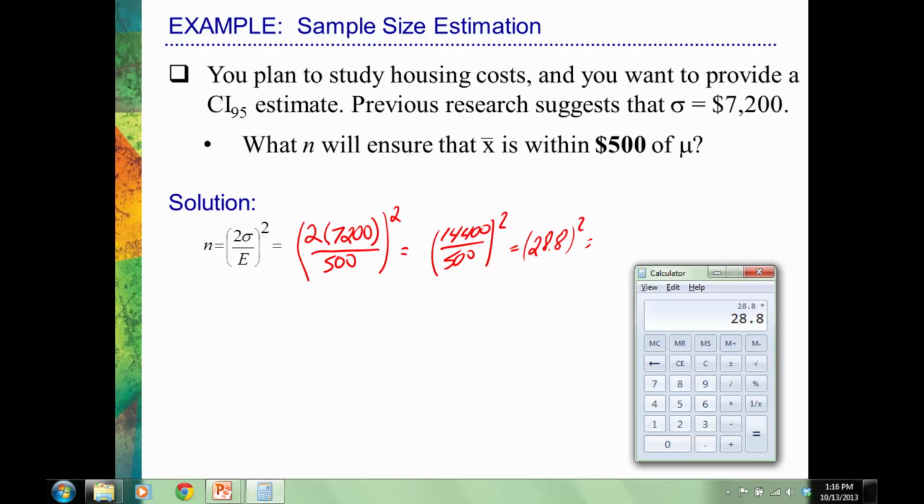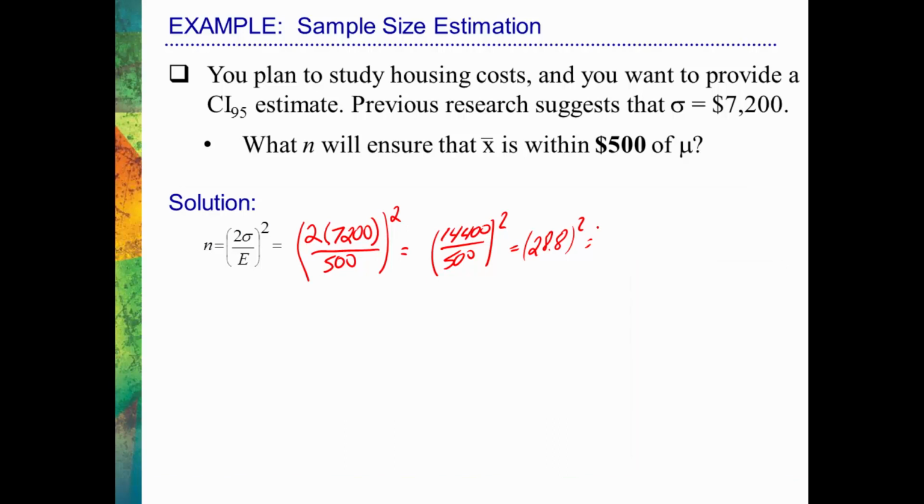28.8 times 28.8 equals 829.44. So what that's essentially telling us is our sample size would need to include 829.44 data points. And here we're talking about housing costs.